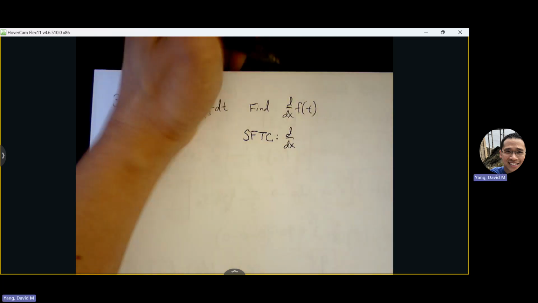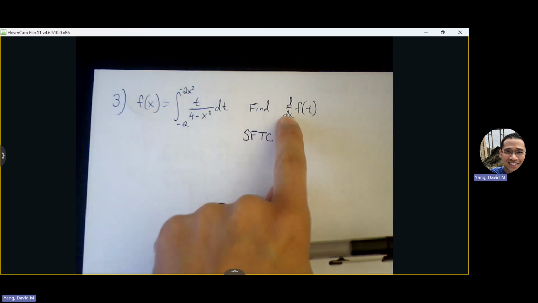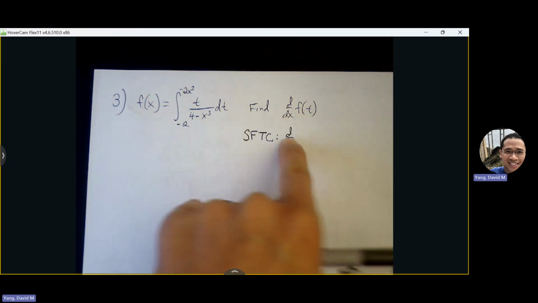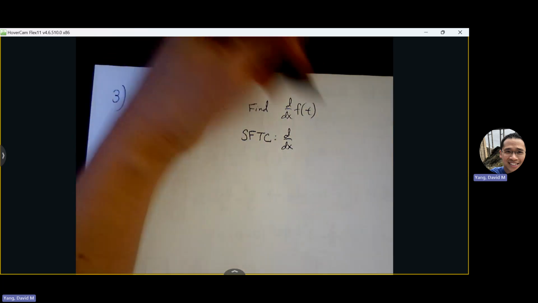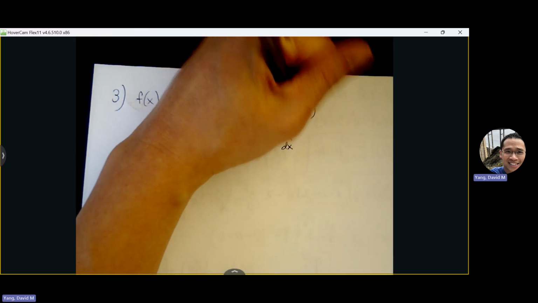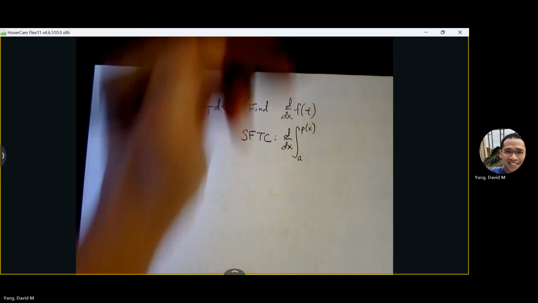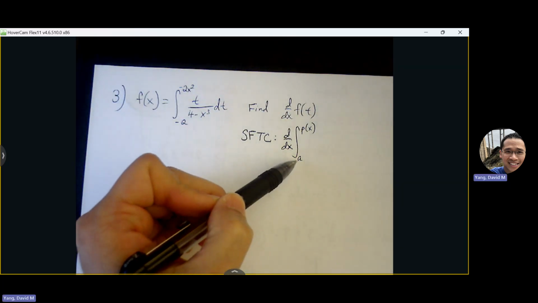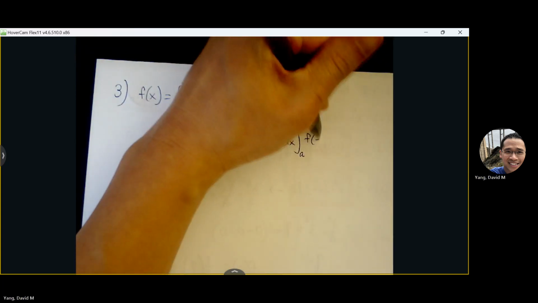this process here. Rather than taking the full antiderivative and then turning around and undoing everything, we're just going to skip that process. We know a lot of those things are just going to cancel each other out. So here's the formula. I want to find the derivative of a definite integral with the lower bound being a constant and the upper bound being a variable.